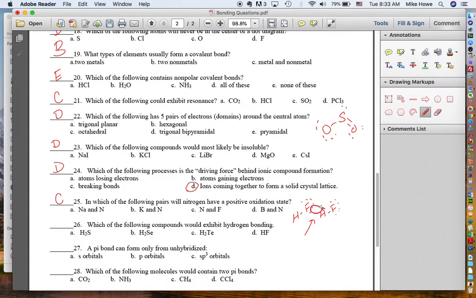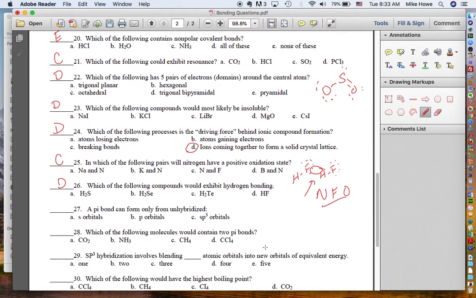There's not a literal bond there, it's just a positive negative attraction. But hydrogen bonding only happens when hydrogen is bonded to N, F, or O inside a molecule. And so you see the only place that's set up is letter D.